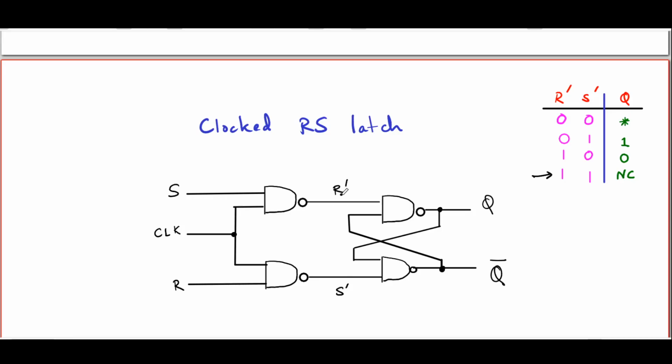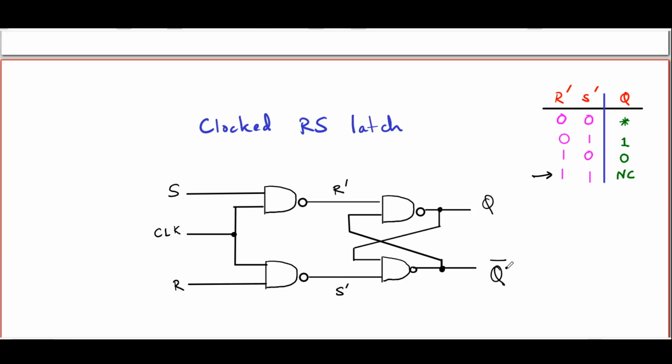Of course, assuming the clock is high at that moment, and that sets the latch. Q becomes 1, Q bar becomes 0. On the other hand, if when the clock went high, S were low and R were high, then R prime would be high and S prime would be low. The NAND latch here would reset and Q will go low, Q bar will go high.